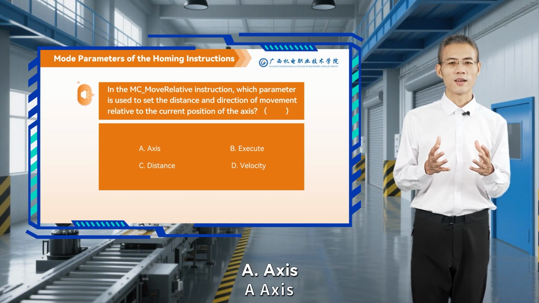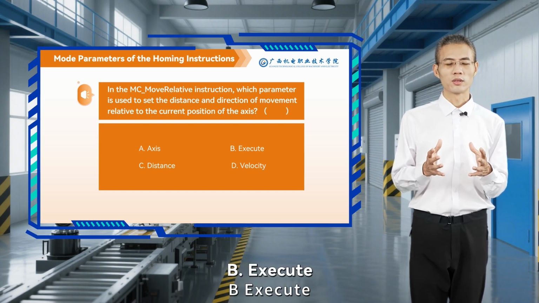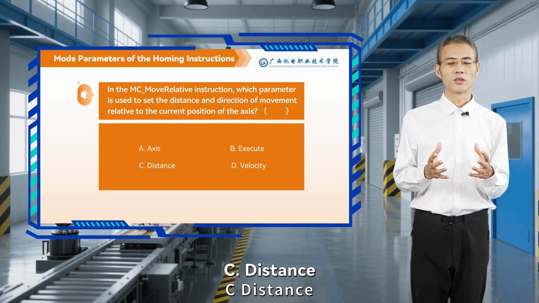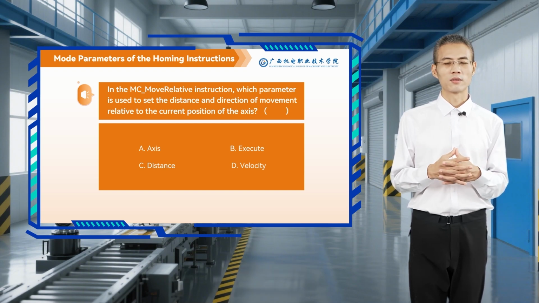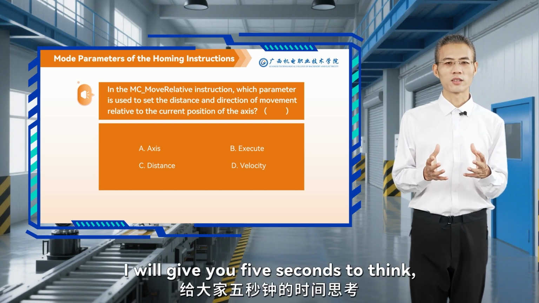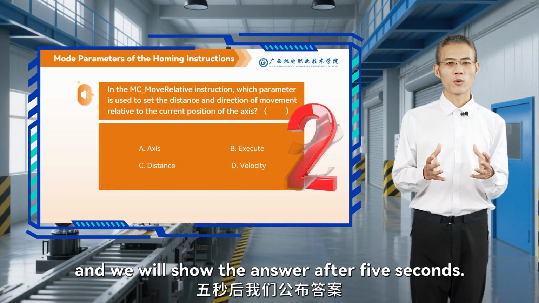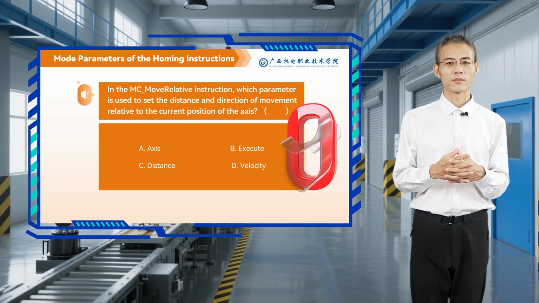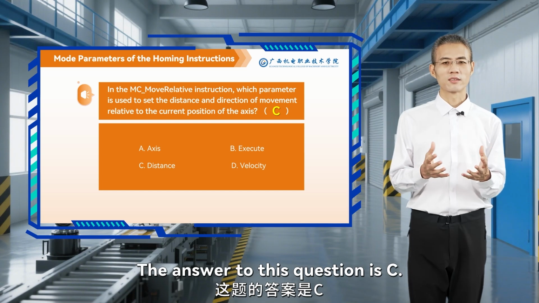A. Axis. B. Execute. C. Distance. D. Velocity. I will give you 5 seconds to think, and will show the answer after 5 seconds. The answer to this question is C.